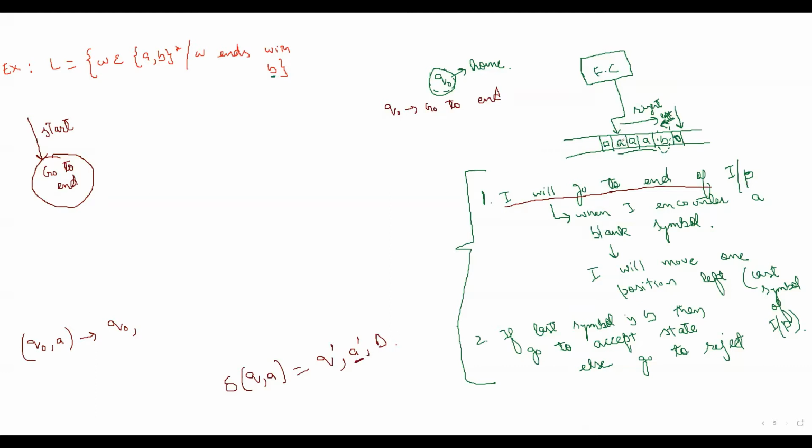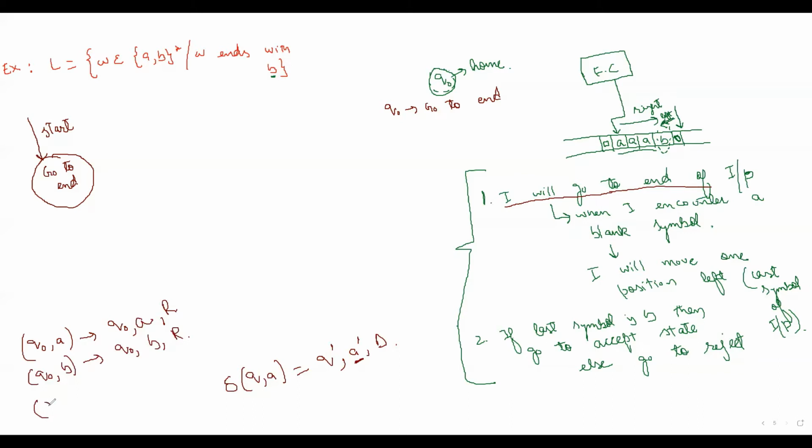I will keep the same symbol. A is there, so I am writing A, and then I am moving right. Likewise, if B comes, I will again stay in Q0, write B, and move to the right. So if A comes or B comes, I have to move right. Always I have to move right.